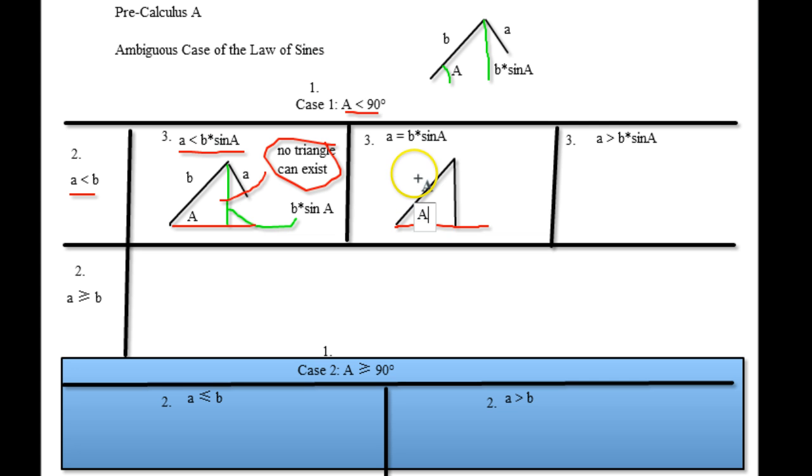There's a, here's b, and a equals b times the sine of A. Since it equals that, guess what? You are now dealing with a right triangle, so you can finish this problem. So one right triangle.